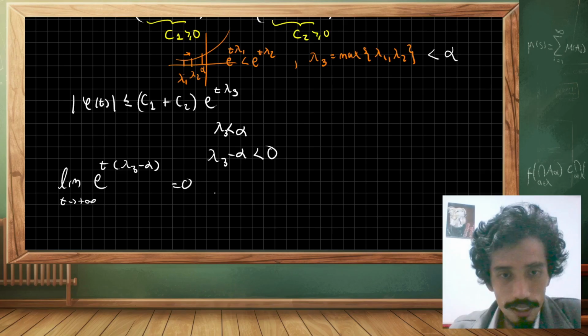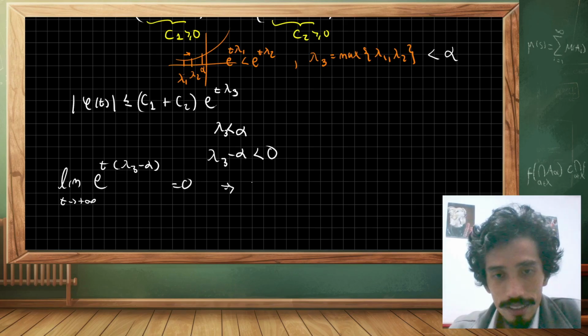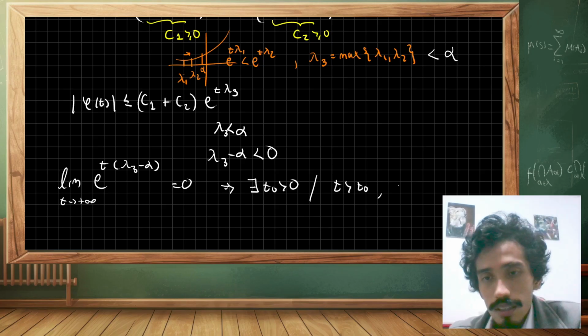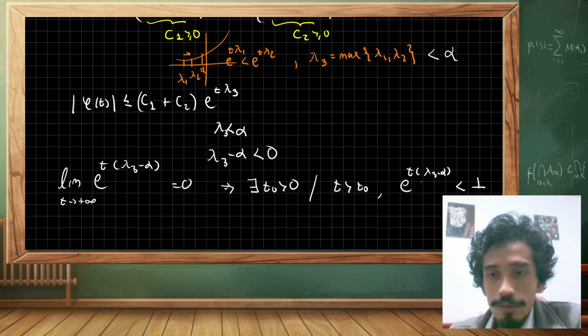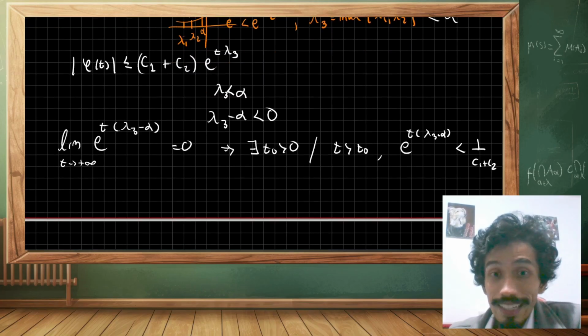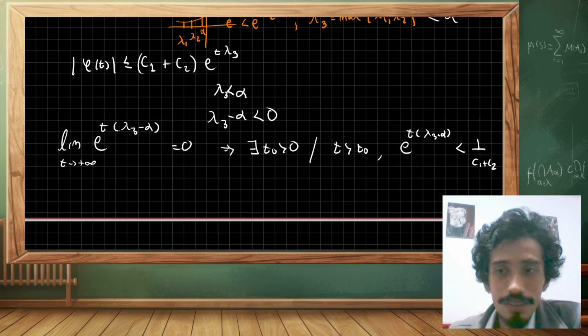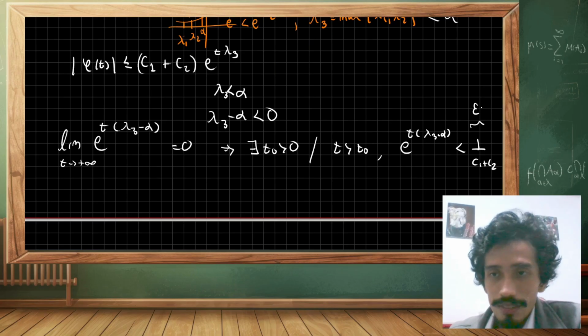right? So we can say that there exists some t sub 0 such that for every t greater than it, it follows that this thing is less than this one. I don't put the absolute value because this is always positive. So this exists by definition of the limit. We are taking this as the epsilon.